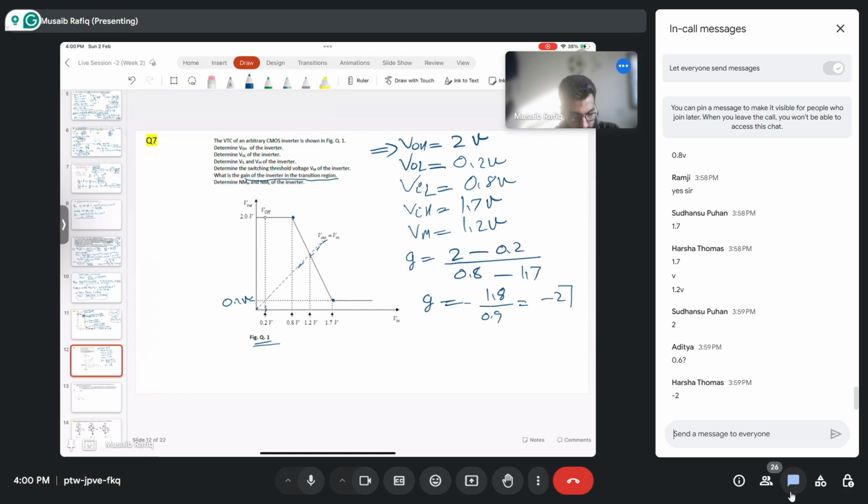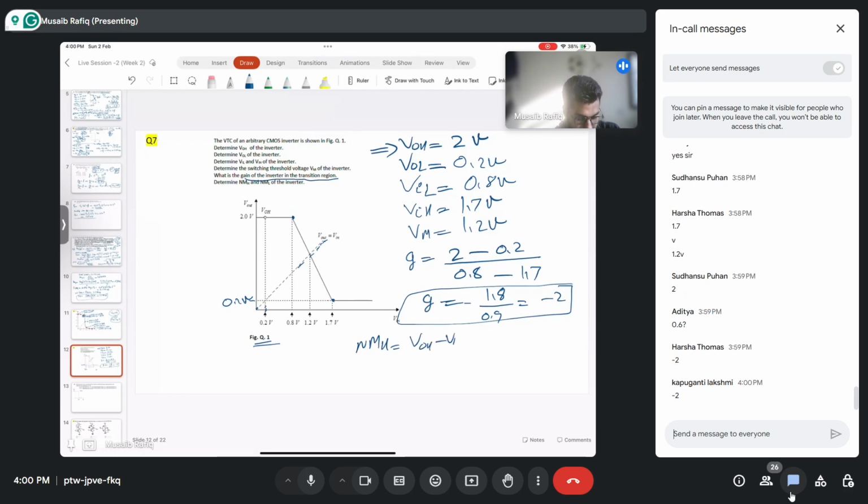Gain is minus 2. And noise margin high is equal to VOH minus VIH, that is 2 minus 1.7, that is 0.3, and noise margin low is equal to VIL minus VOL, that is 0.8 minus 0.2, that is 0.6 volt.